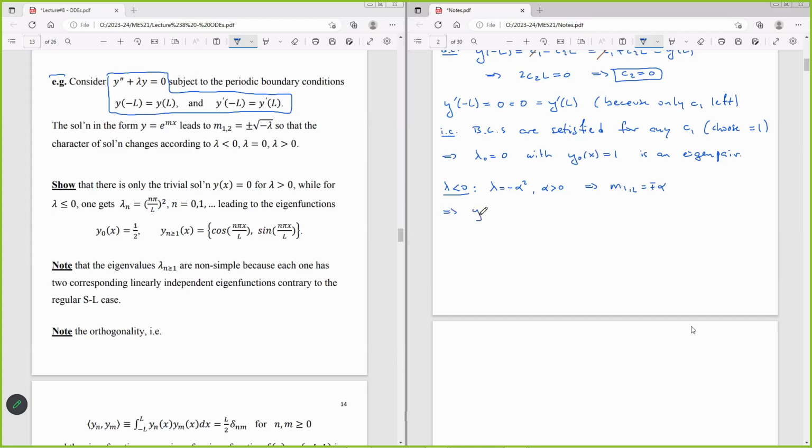Anyway, I'm going to use this, if you don't mind: e to the alpha x, e to the minus alpha x. I don't know which one is better, because you're going to do the algebra, I'm not going to do it. So either you can use this or that. But just show it leads to a trivial solution.